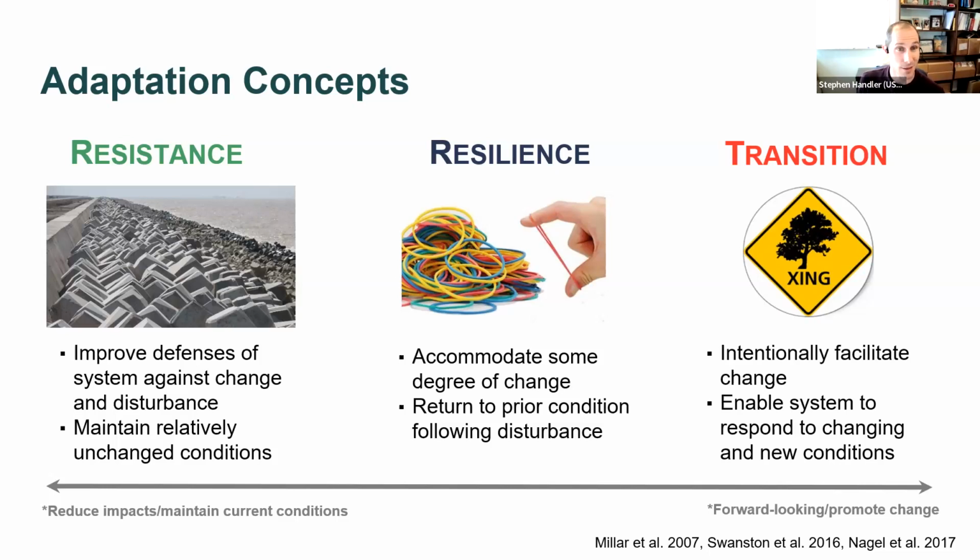But it's important to note that there are also gradations of transition. You can also be looking at maybe softer forms of transition, like keeping the same species but using a new seed source, encouraging new genetic material in an area. That's an example of transition, even though at the species level it might remain constant. And transition doesn't just have to be tree choices, right?